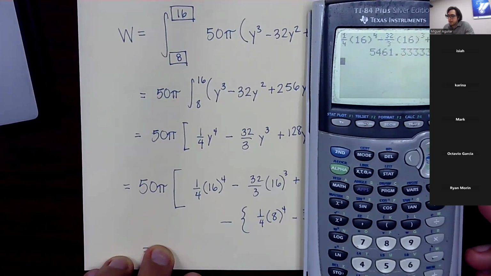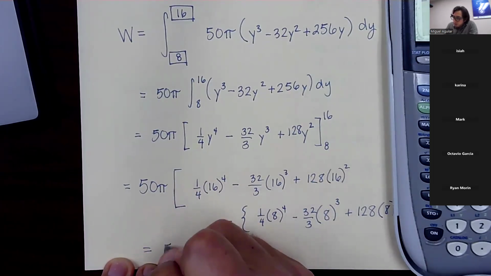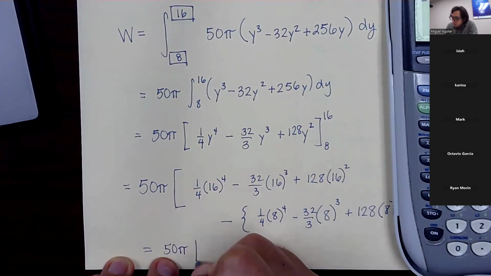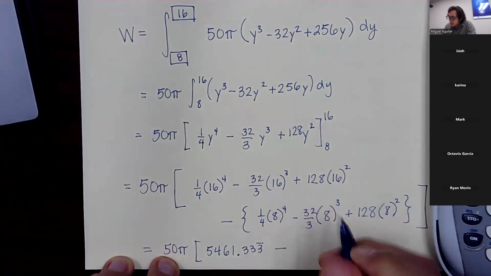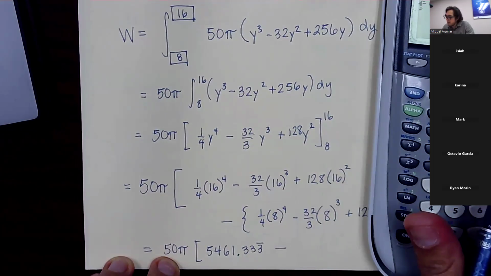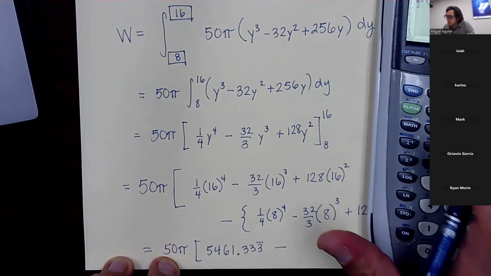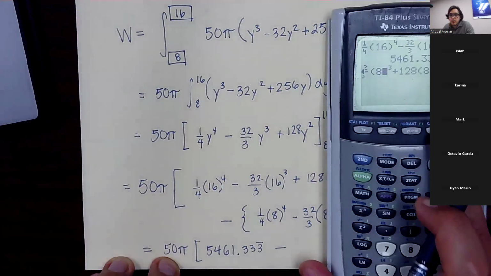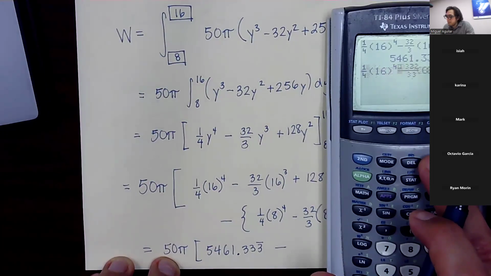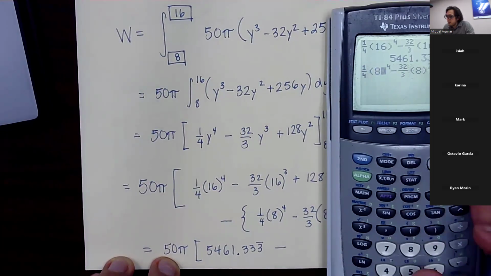I wonder, oh God, I hate these numbers. Okay, I'm going to do 50 pi, and then this first number is 5,461.333 repeating, right? And a third minus, let's go ahead and plug this in now, but now I'm just going to swap out the 16s with 8s. Just make my life a little bit easier. And all my coefficients should still be good. 128 times 8 squared, good.